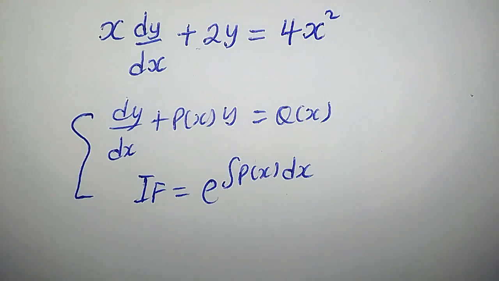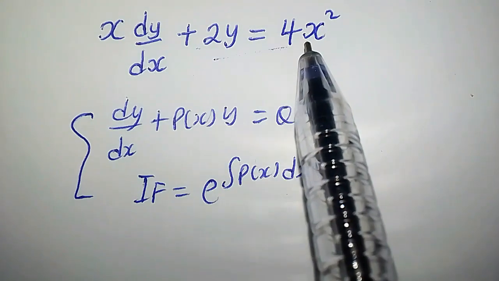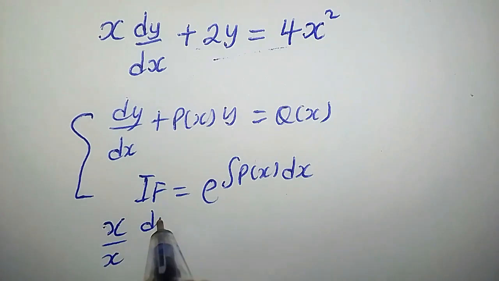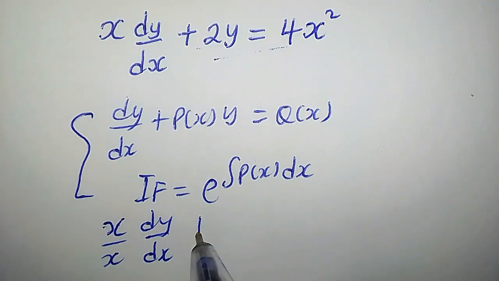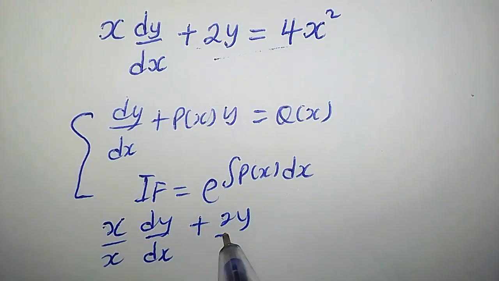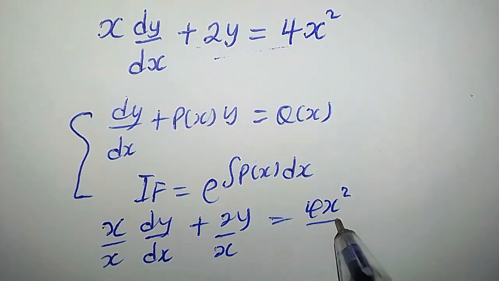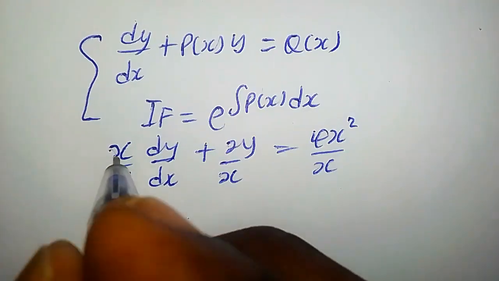The first thing we have to do is to rewrite this equation in this form. So let's divide both sides by x. So that will be x divided by x times dy/dx plus 2y divided by x equal to 4x squared divided by x. x cancels x.